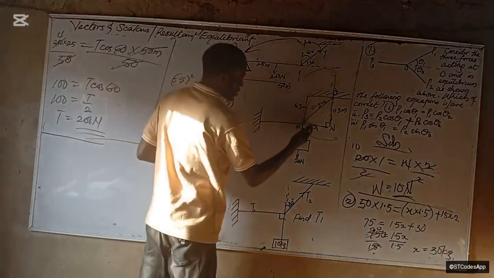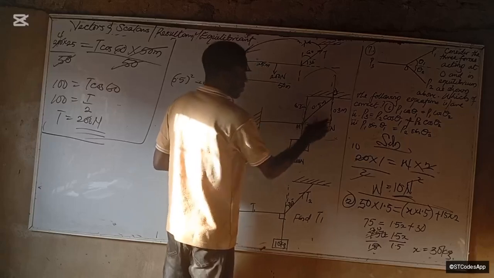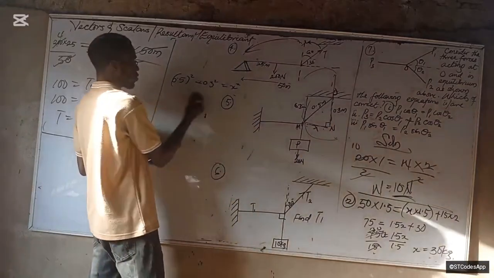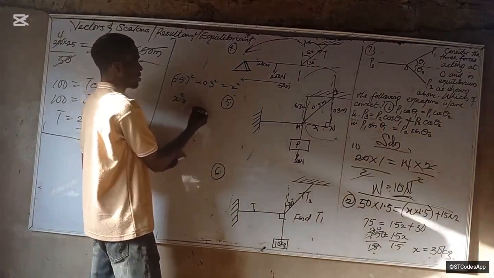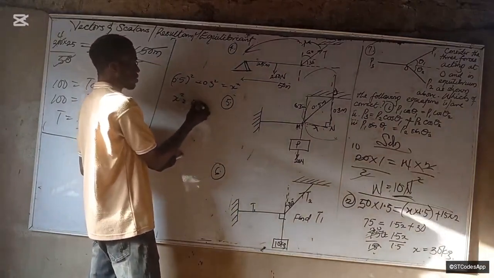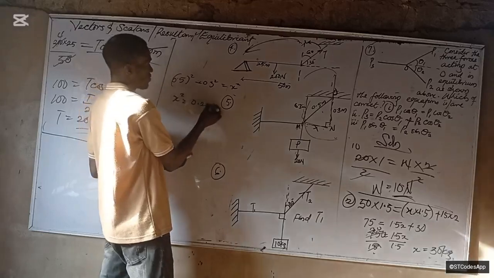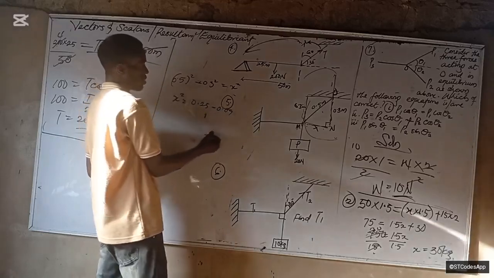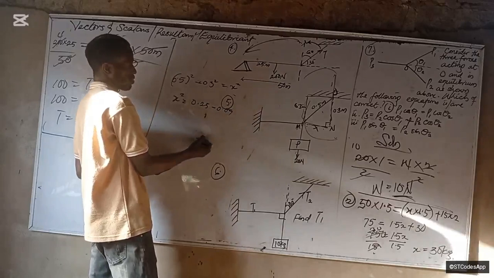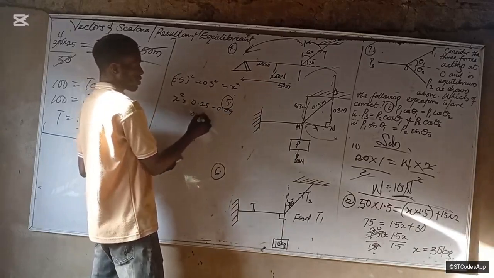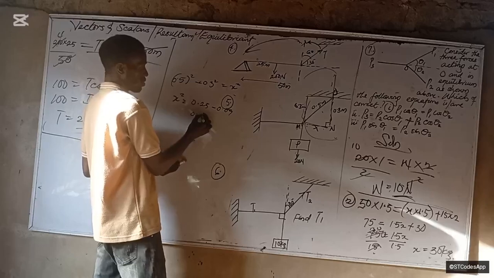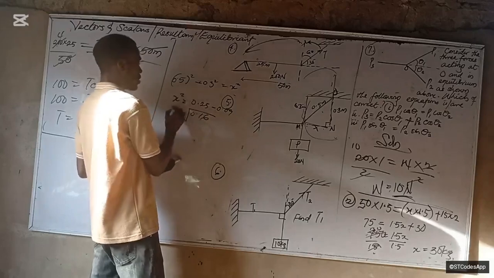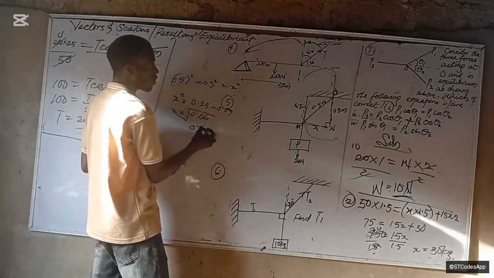So this squared is equal to d squared plus d squared. By the time you work it, what are you going to get? 0.5 squared is equal to 0.25 minus 0.09. What does it give you? 0.16, that will be 0.4, right? 0.4 meters.